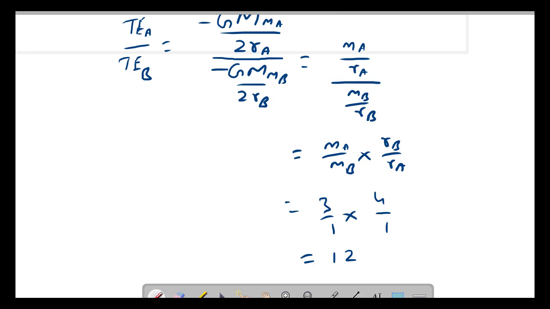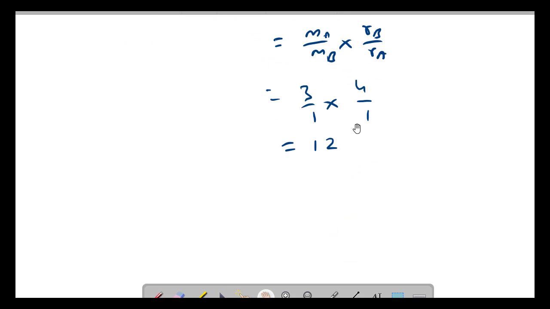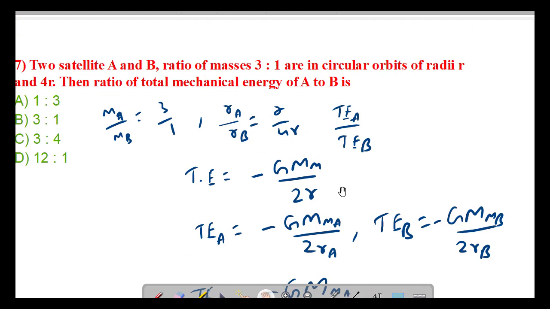So the ratio of the total energy TEA upon TEB is 12 by 1, 12 is to 1. So the answer in this case is D.